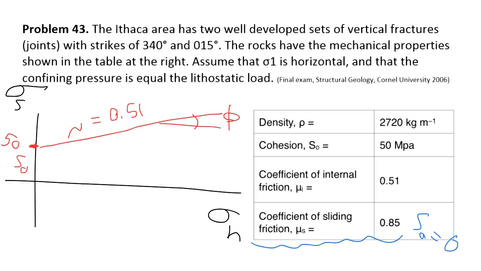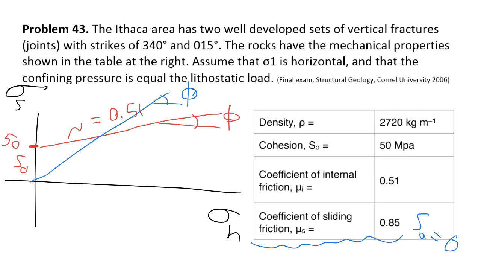In that case you should start from the origin, and you use the arctangent of 0.85, and you find the angle, and that's going to be phi for sliding friction. So this is one point you should remember: you start from the origin if we are dealing with the fractured rock.